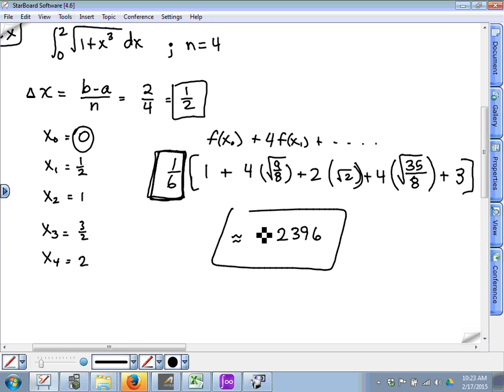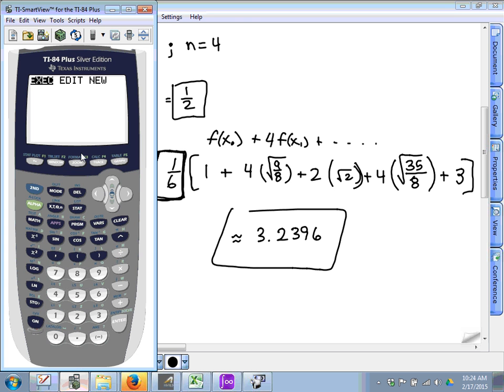Now, if you remember the actual area, it was 3.24. We've got 3.239. So this Simpsons Rule got us a lot closer than the trapezoid, which was 3.28.